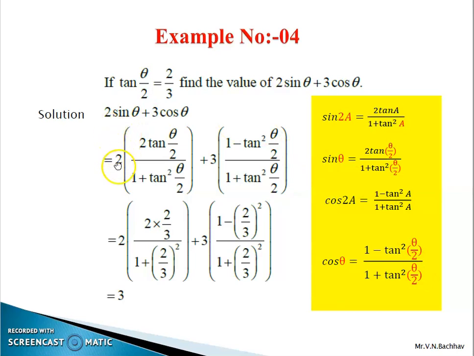Hence 2 in bracket 2 tan theta by 2 upon 1 plus tan square theta by 2 plus 3 in bracket 1 minus tan square theta by 2 upon 1 plus tan square theta by 2, and we know that the value of tan theta by 2 is 2 by 3.